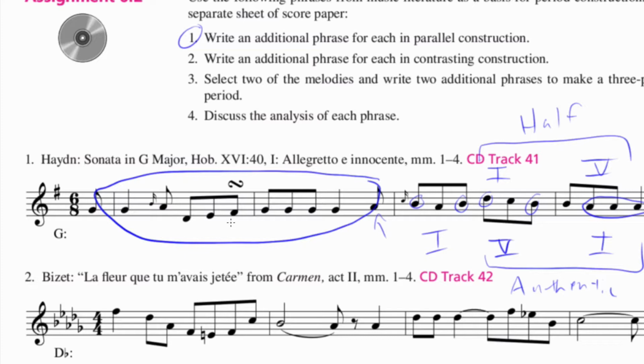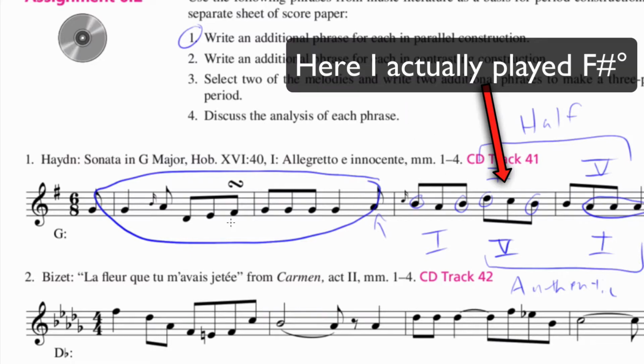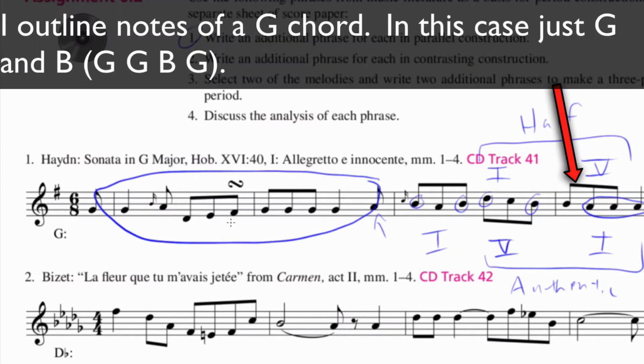Now we have to finish it. So I can even keep this part. And then I'll go to part of the D chord. And then notes that are only found in the 1 chord, found in the G chord.